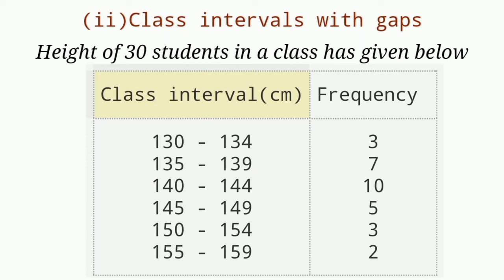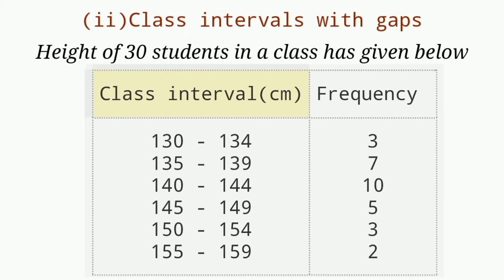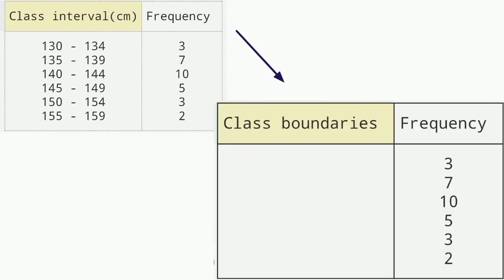Here you can observe there is a gap: 130 to 134, it ends at 134, and the next starts at 135. So there is a gap, where the students in between fall. If you get a table like that, you must prepare another table using class boundaries.